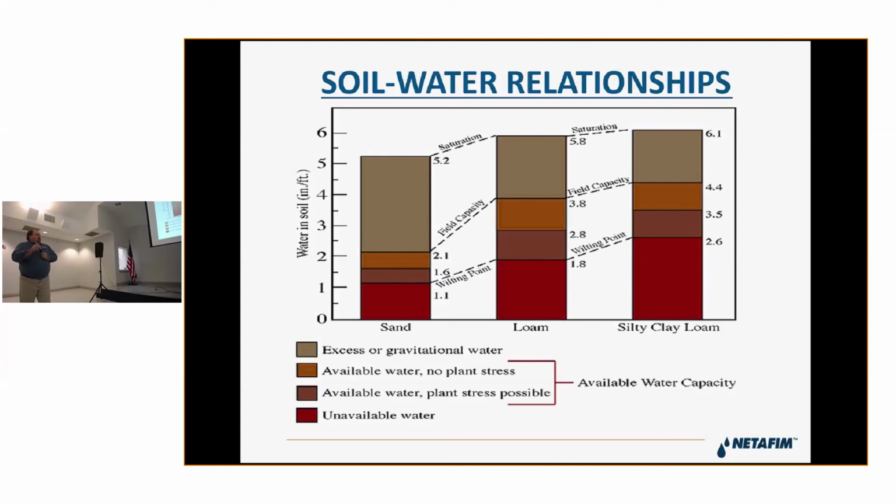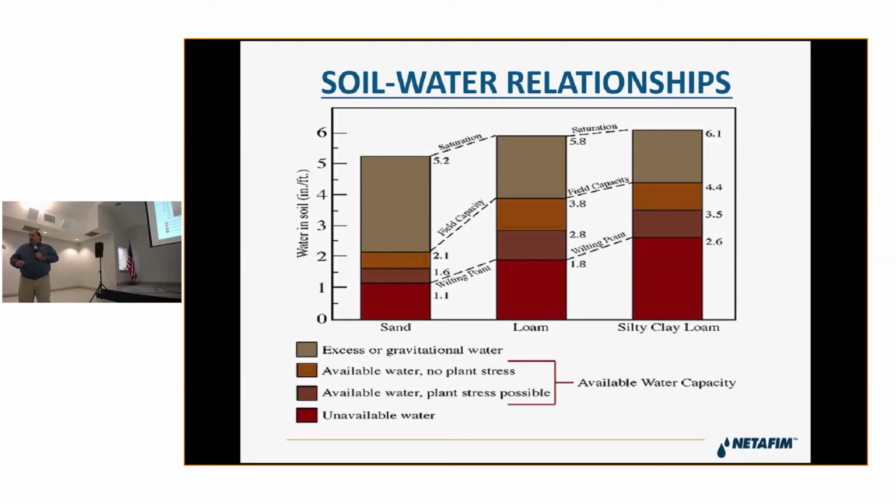At wilting point, the plant cannot extract any more water. In each of these soil types, there's a point in the middle that's halfway down. And in our recommendation with your drip irrigation system, I want to operate in this top half.